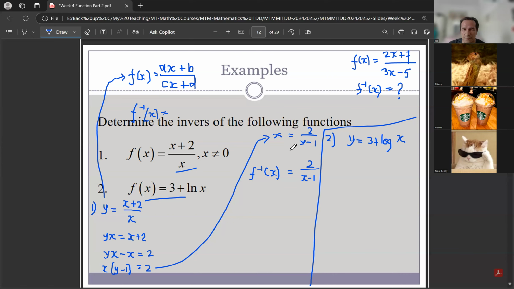Then log x must be moved to the left, so we move 3 to the right and make a difference like this. So we have y minus 3 on the right.